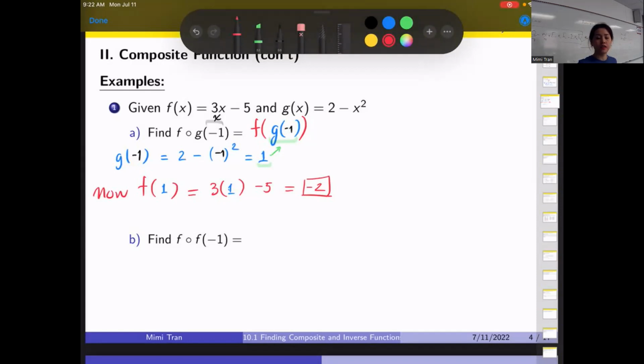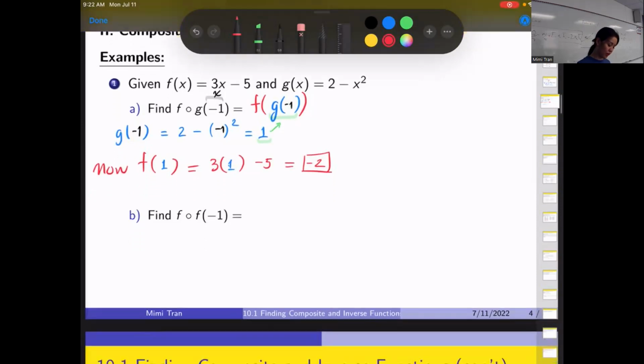Not quite, Devin. Let me rewrite that first step that I always recommend you do. So it's going to be F, which is this guy, and then this guy right here is also F, and then we have -1 inside. Okay. Thank you, Devin.